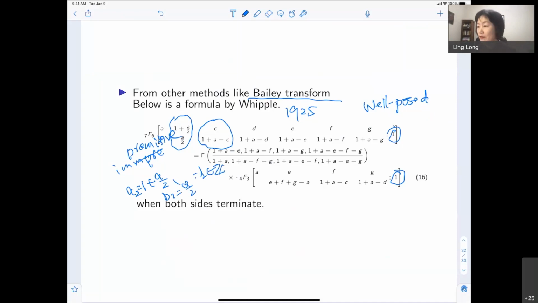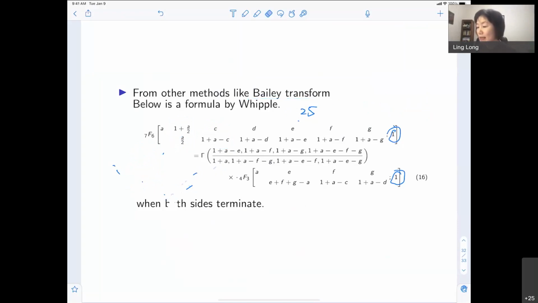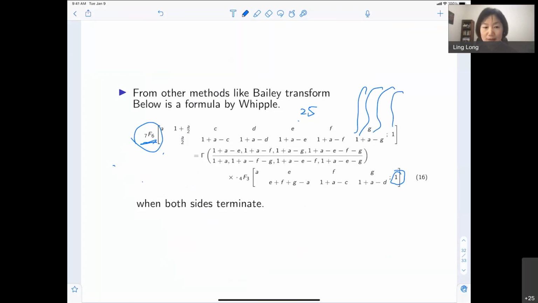So for this formula, Whipple said that this 7F6 turns out to be related to the right-hand side, which is a 4F3. So to me, this means there is some degeneracy. You go from some structure which is more complicated. In terms of iterated integrals, you need a lot more iterated integrals to get to the left-hand side.